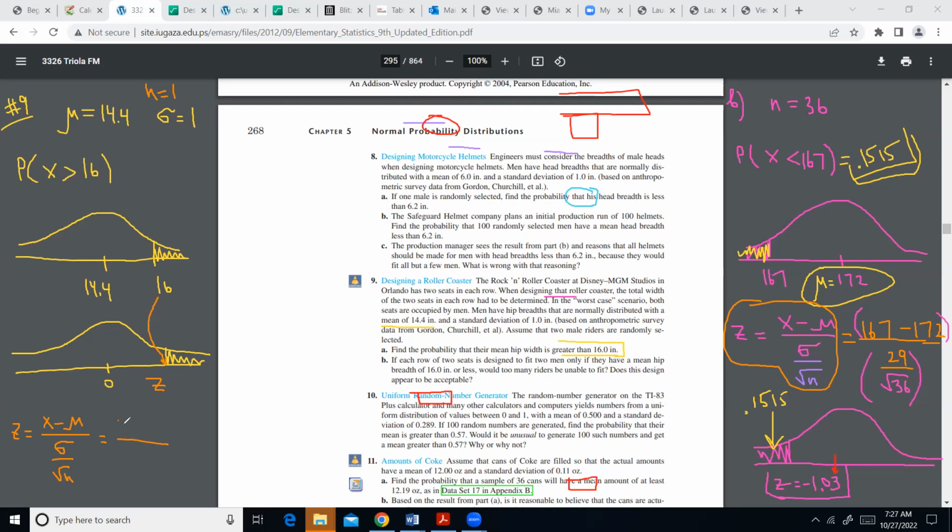So x is 16, the mean is 14.4, divided by the standard deviation, which is 1. And you can divide this by the square root of 1, just like that. So we'll be using parentheses, so we put this in a calculator correctly, right? So let's do this.